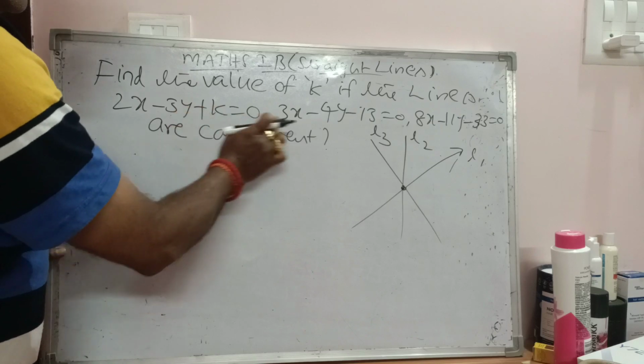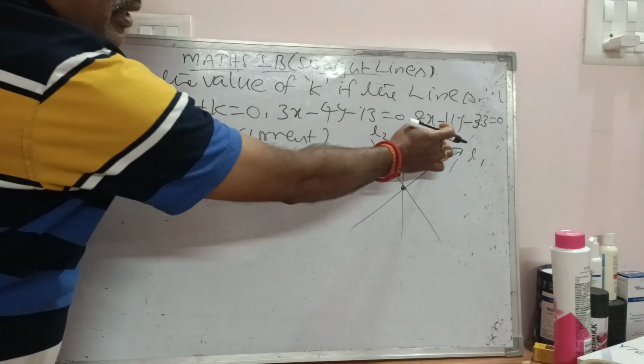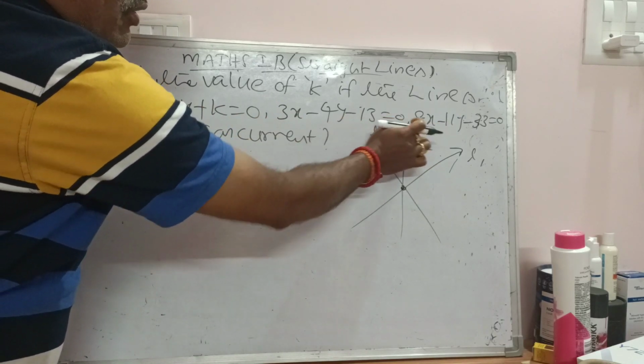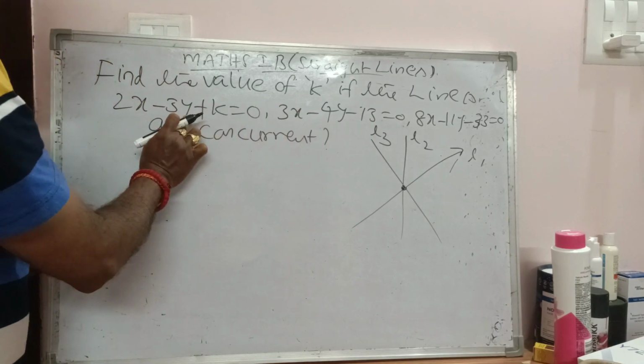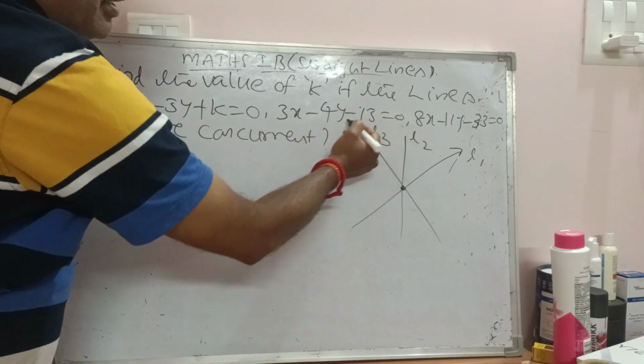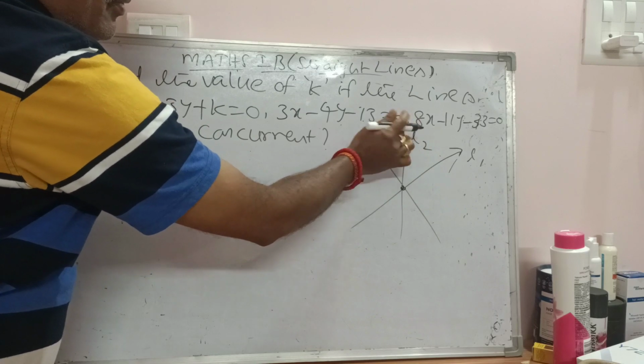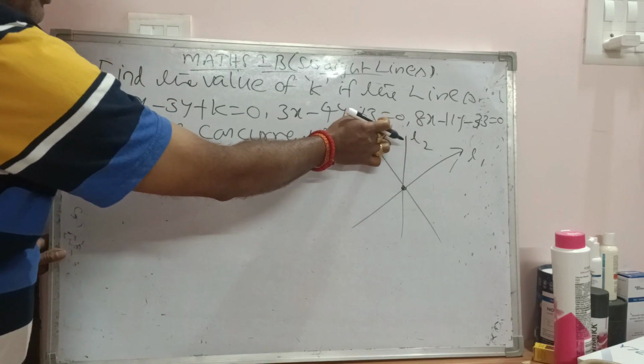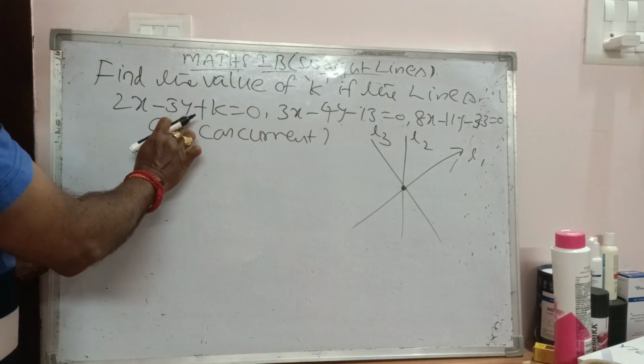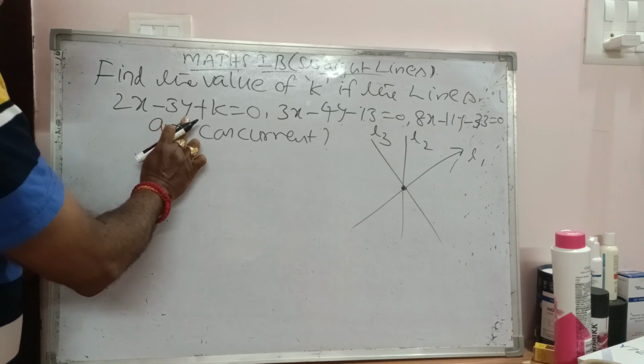Since the given lines are concurrent, whatever the point where these 2 lines meet, the third line should also meet at the same point. Therefore, by solving these 2 equations, we get a coordinate which, when substituted in the first equation, gives the value of k.